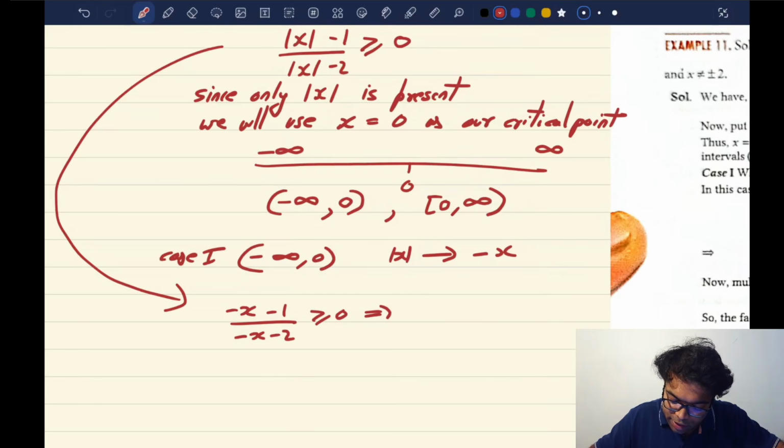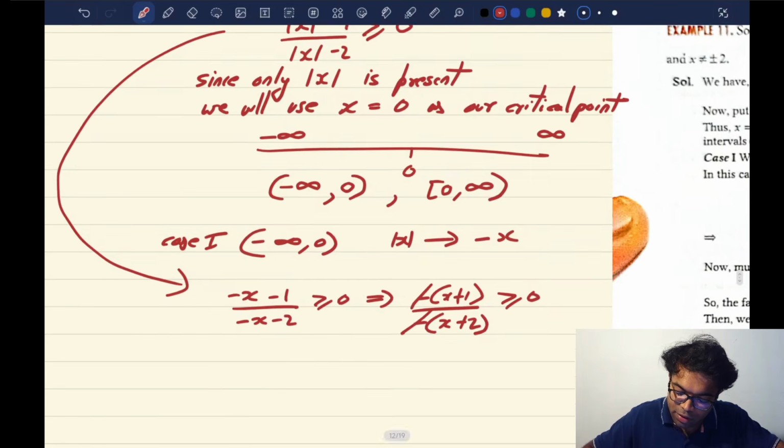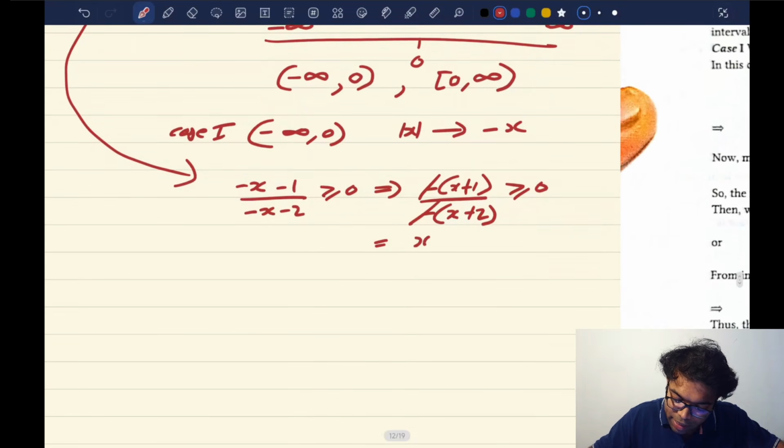This can be further written as minus of (x plus 1) upon minus of (x plus 2) should be greater than or equal to 0. This minus minus gets cut off. So you will have x plus 1 upon x plus 2 should be greater than or equal to 0.